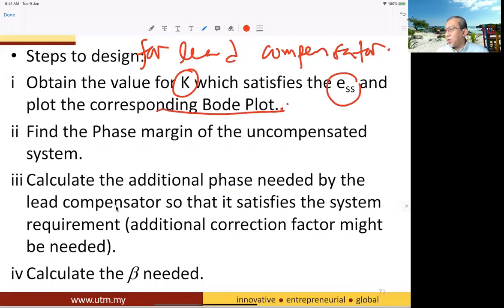Of course, the transfer function is given, okay. So the second one is to find the phase margin of the uncompensated system, okay, phase margin before design, okay.